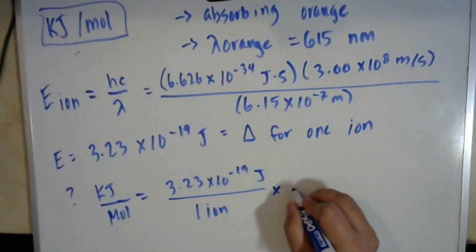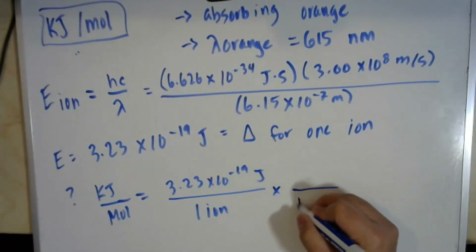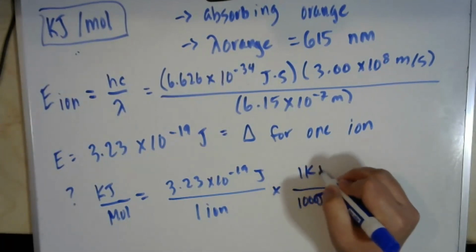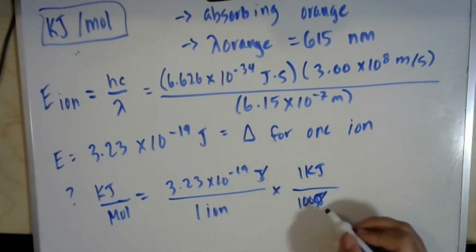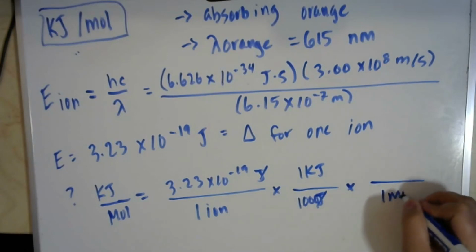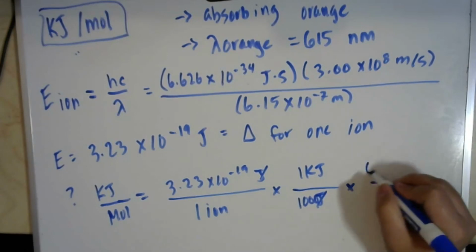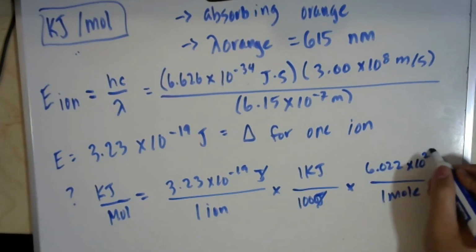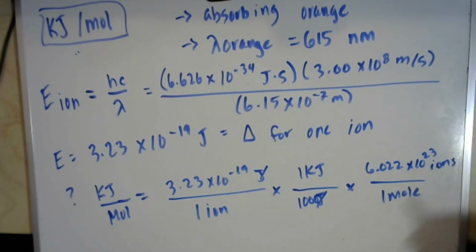So instead I'm going to say, well, I know that there are 1,000 joules in 1 kilojoule, so that is going to allow me to divide by 1,000. And I know that in 1 mole, there are 6.022 times 10 to the 23 ions.